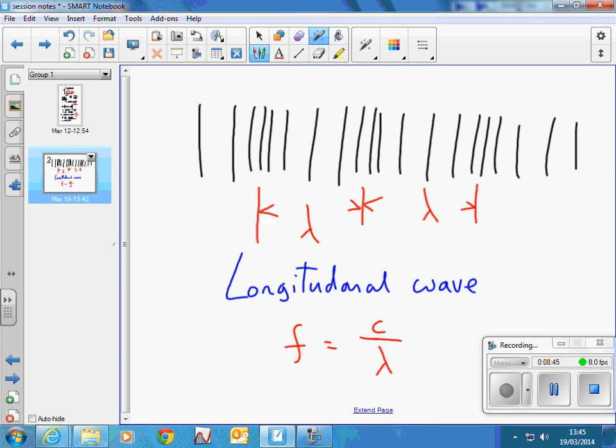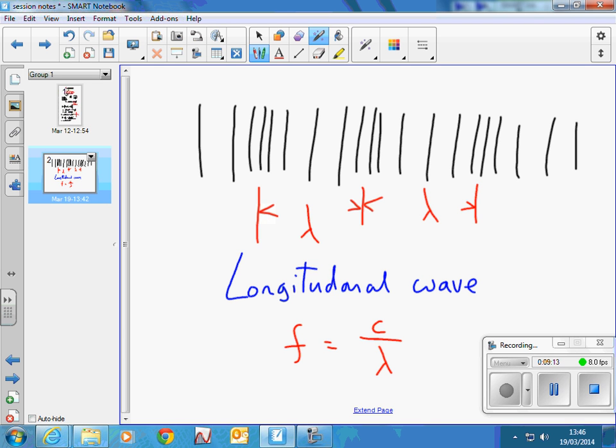But in a mechanical system, the density, the temperature, the pressure, the physical conditions determine the speed of the wave, and the frequency equals the speed, which is a constant for a given set of conditions, divided by the wavelength. So the smaller the wavelength, the bigger the frequency. If I increase the frequency of this signal, I decrease the wavelength, the distance between one pulse and the next.